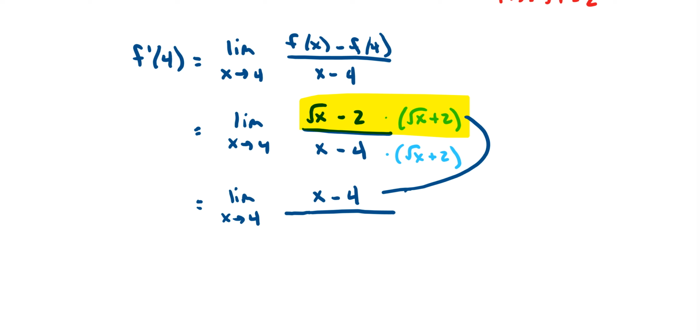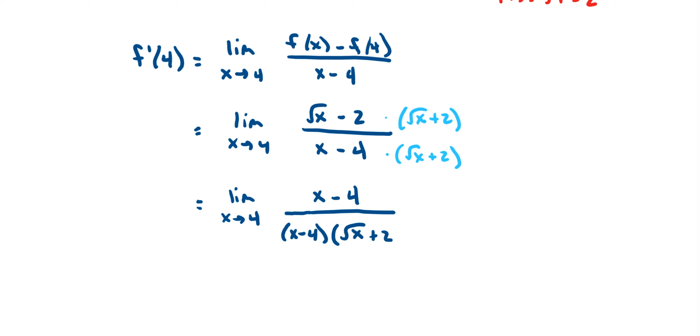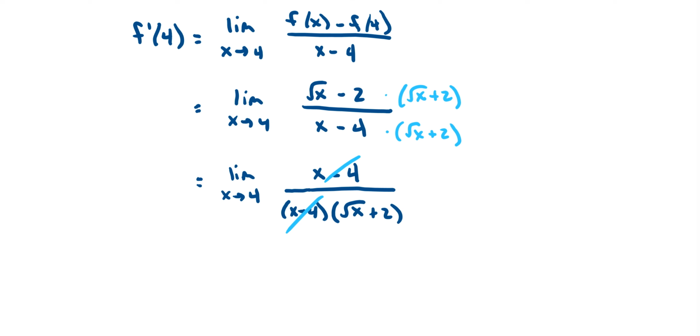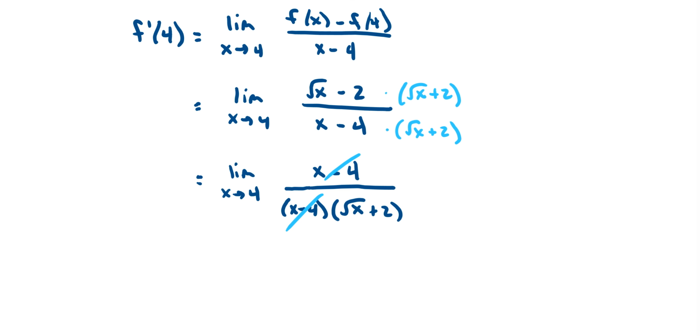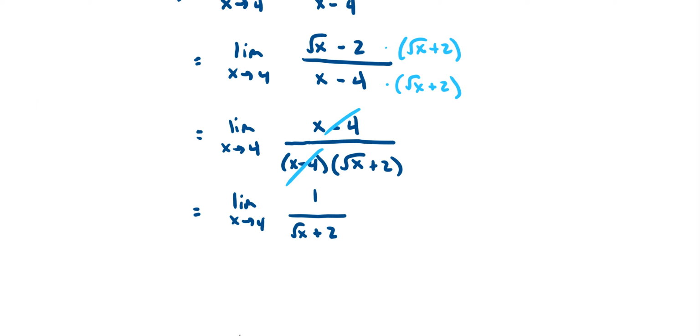And then the denominator, you just always rewrite the denominator exactly how you see it. x minus 4 times the square root of x plus 2. And then just like we saw in the past few sections, those factors of x minus 4 will cancel. And all we're left with is 1, because the factor is canceled, over the square root of x plus 2.